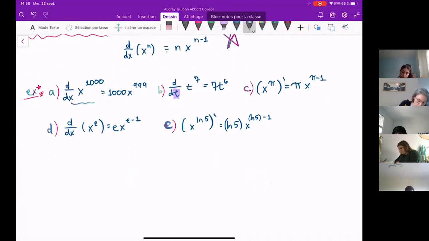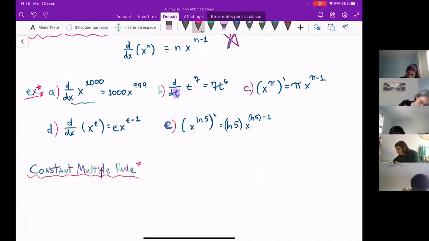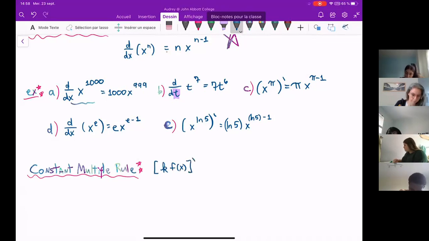So we have something called the constant multiple rule. And the constant multiple rule tells me that if I have a constant out front, that's not going to change my derivative.